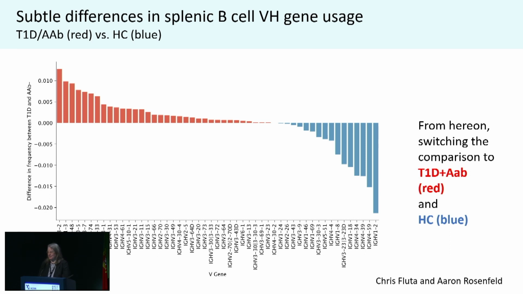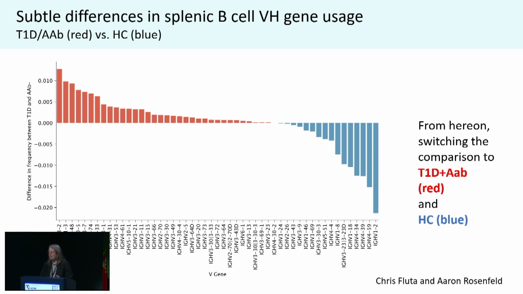It's kind of a difficult one because there is actually a high rate of deletion of this V gene in the human population. So what we think is going on here is, and it's still interesting, but it's a different interpretation, is that individuals who have this gene are more common in our donors that have T1D or are autoantibody positive.